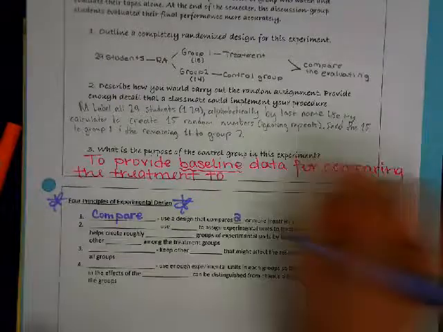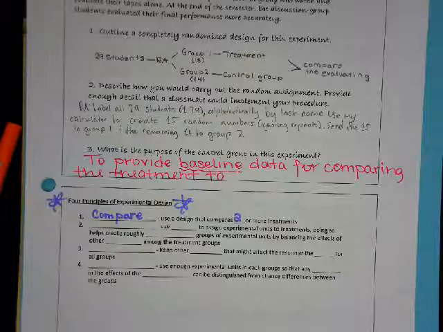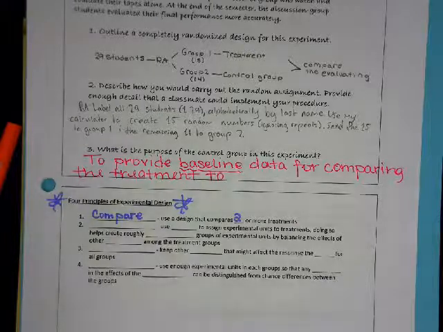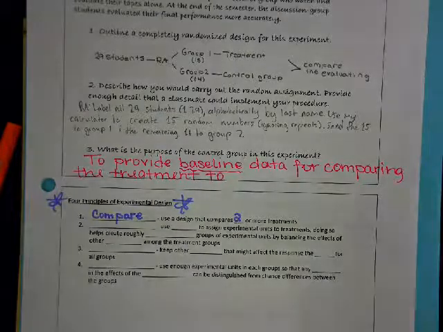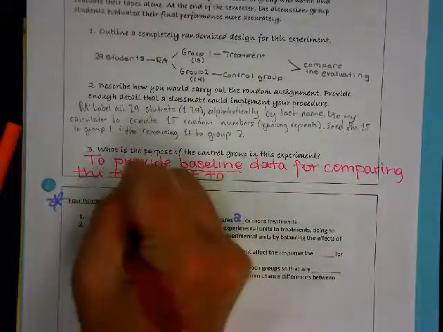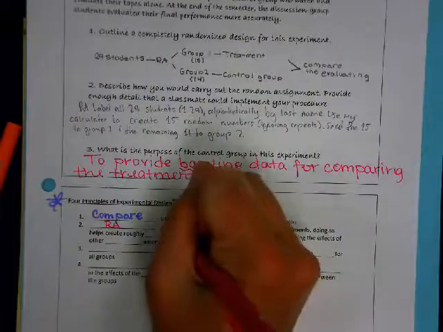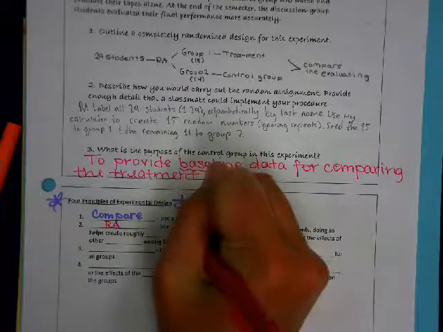Random assignment, which I'm going to abbreviate as RA. So you have to use chance, which is using your calculator or the table of random digits, to assign experimental units to treatments.